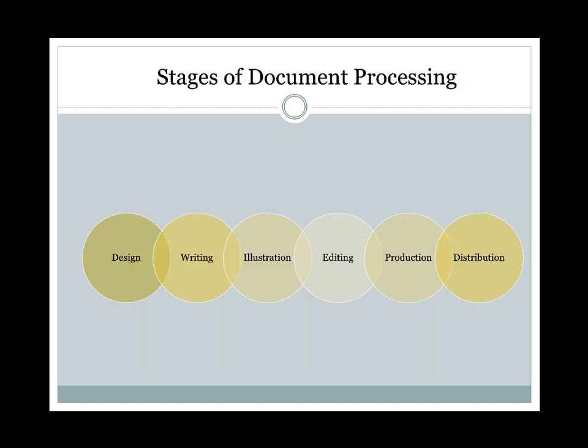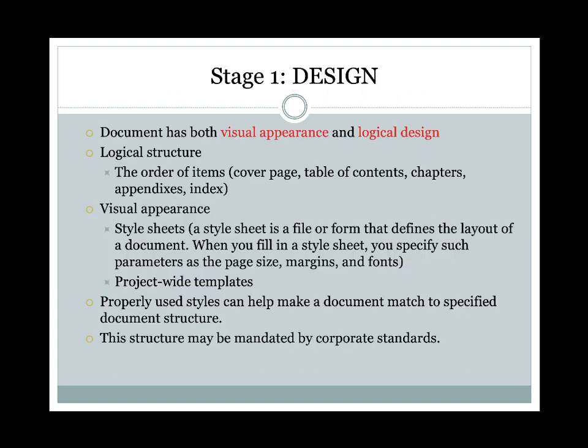So the document processing consists of 6 stages, starting with design, writing, illustration, editing, production, and distribution. Stage 1 is about the visual appearance and logical design of your publication.